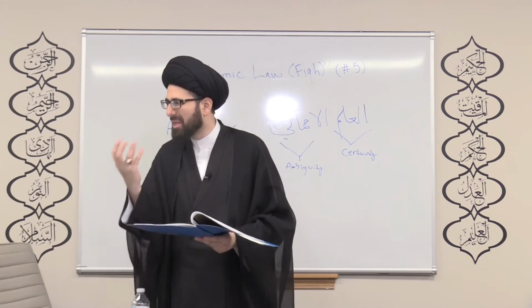In one of them there fell qadhara. In one of them you have najasa. Qadhara in Arabic is just another word for najasa. A contaminant. A contaminating agent. Linguistically, that's the meaning of qadhara.